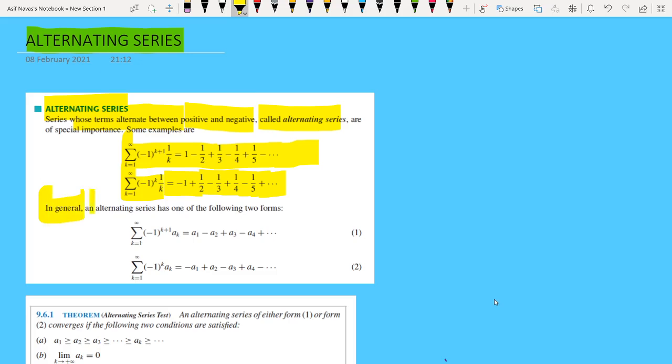In general, an alternating series has one of the following two forms.